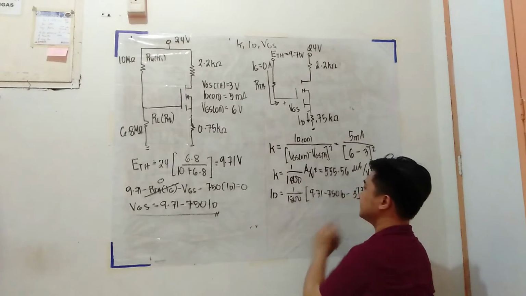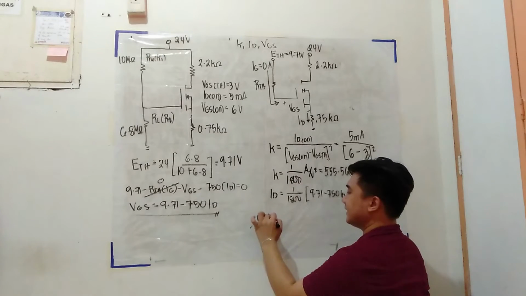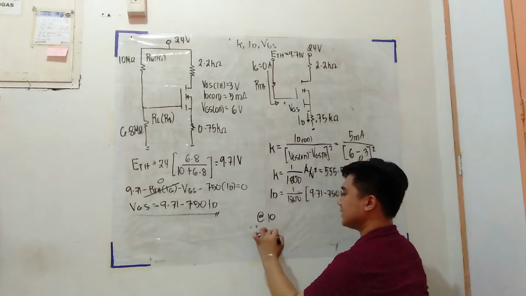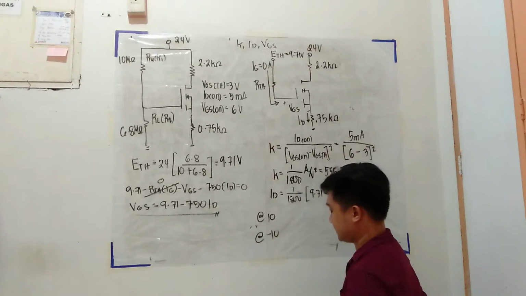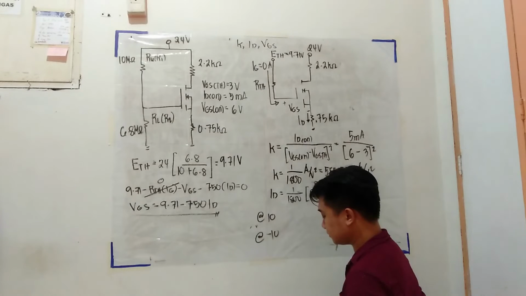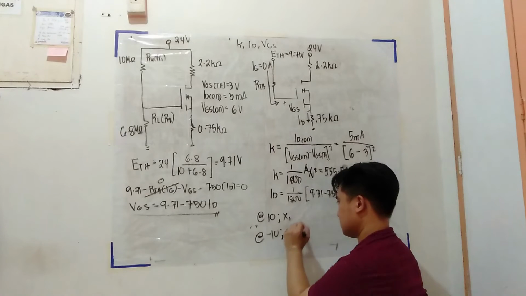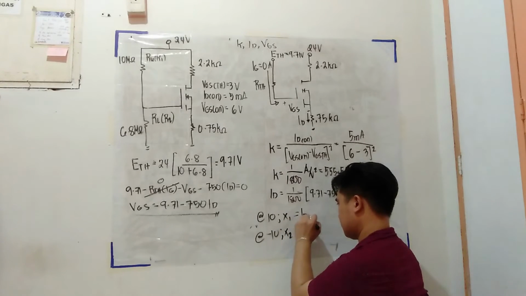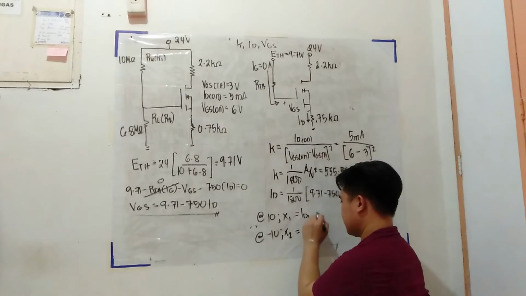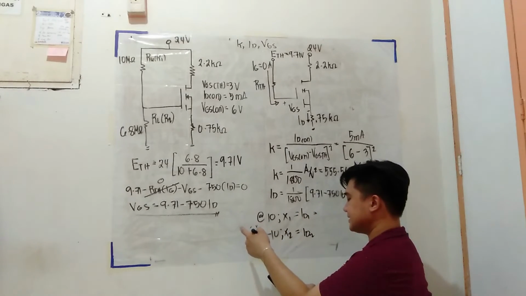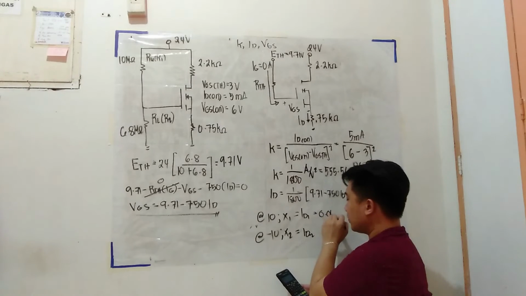So, again, at x equals 10 and at x equals negative 10. So, that's ID, x equals 1 over 1800. So the first value at x equals 10 is 0.0161.